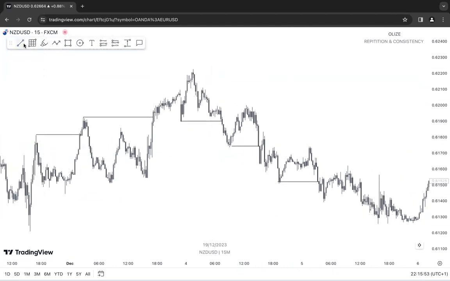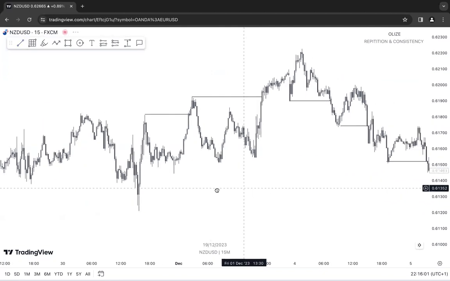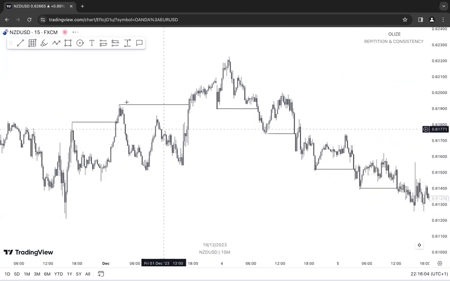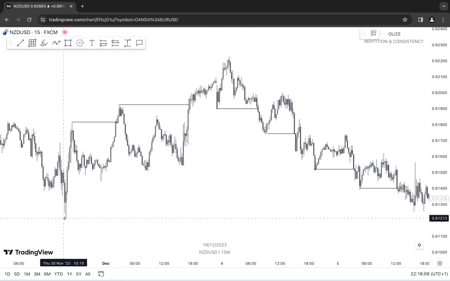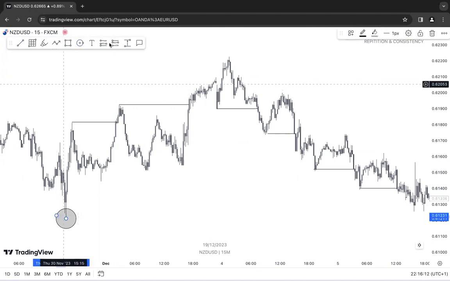Okay, we still have one here. So this one here, oh, I'm making use of a circle. That was highlighted, take it out.